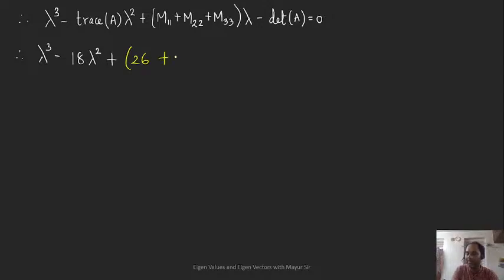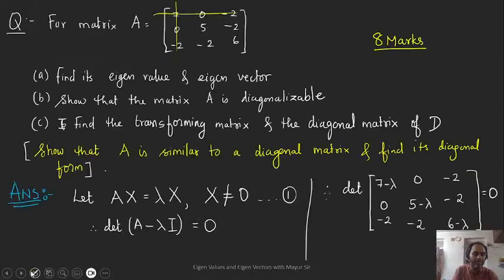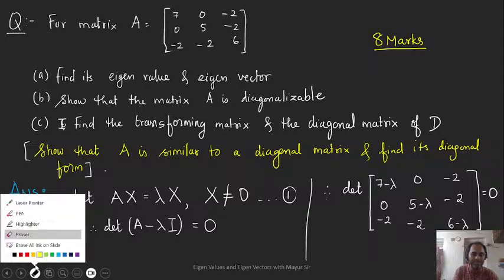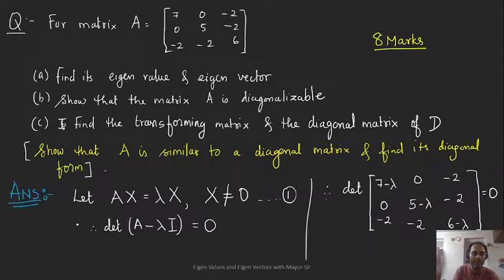What will be M22? M22 will be the determinant of the matrix obtained by deleting the second row and the second column.